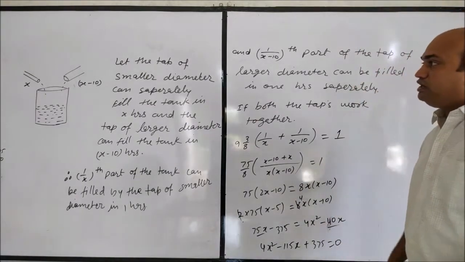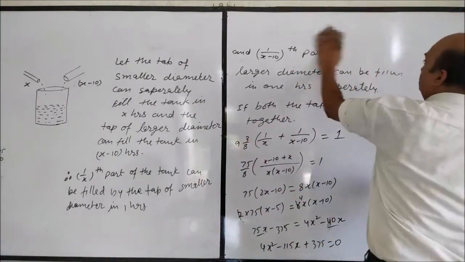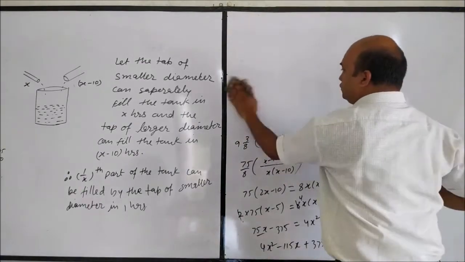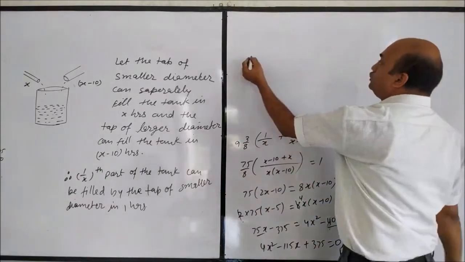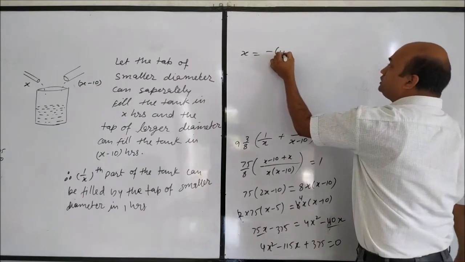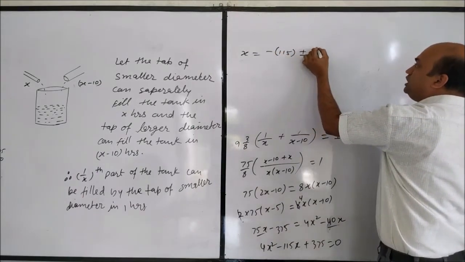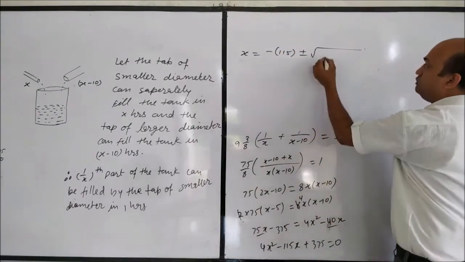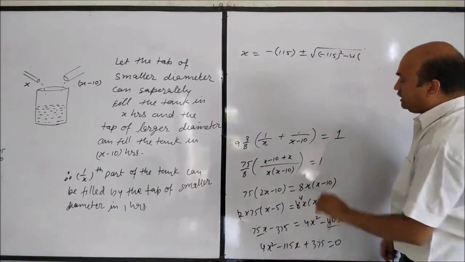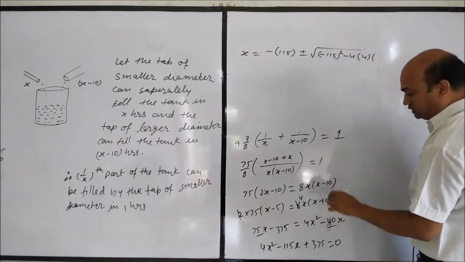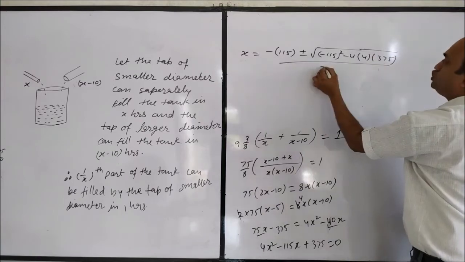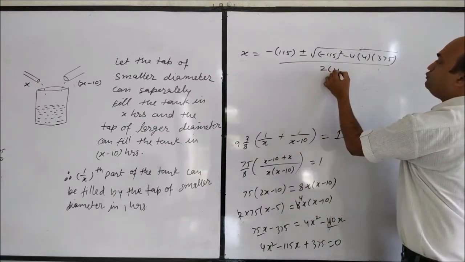Now we solve this quadratic equation by formula method. We can write x is equal to minus b, b is here minus 115, plus minus under root b square, b square means minus 115 square, minus 4ac. a is 4 and c is 375, upon 2 into a. a is 4.